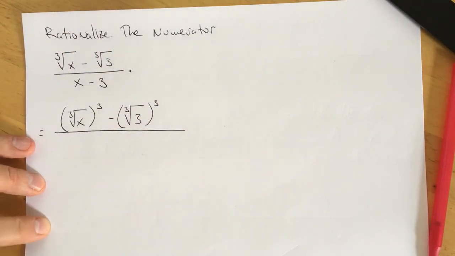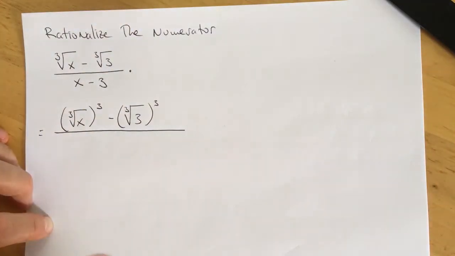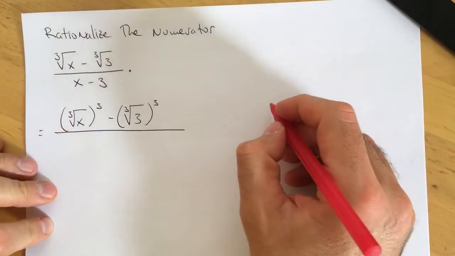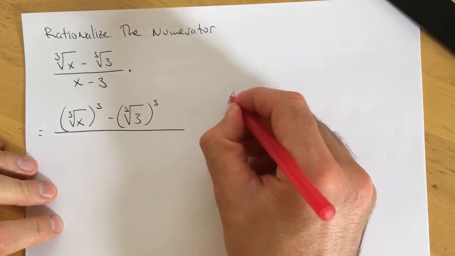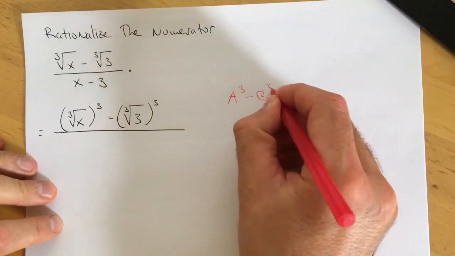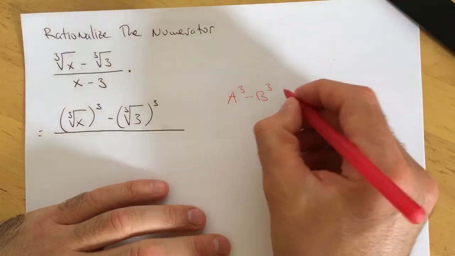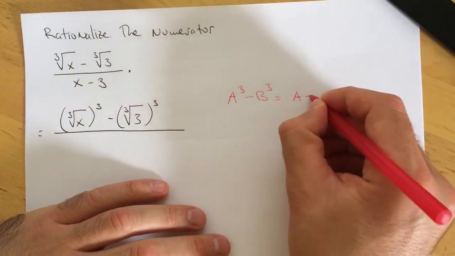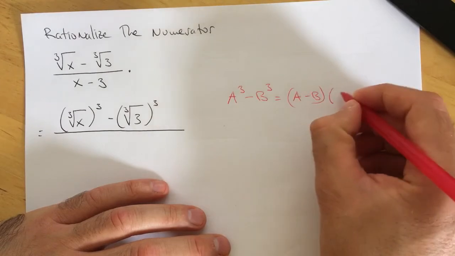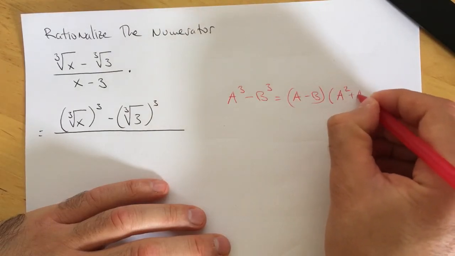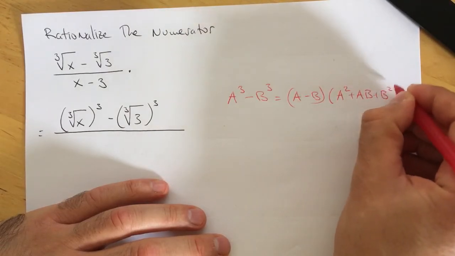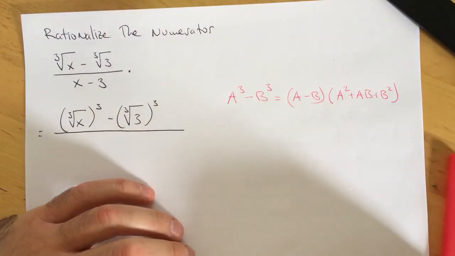So basically I need to use the formula a cubed minus b cubed, one of those three formulas that I wrote at the beginning of this video. And recall that this is equal to a minus b times a squared plus ab plus b squared.